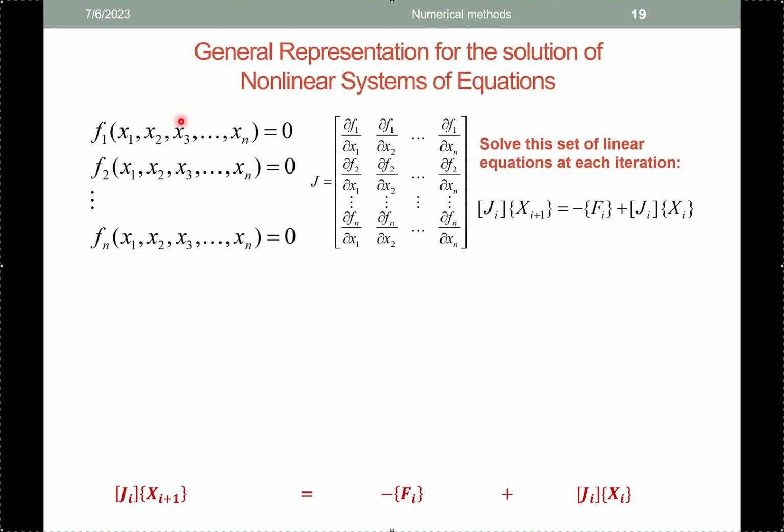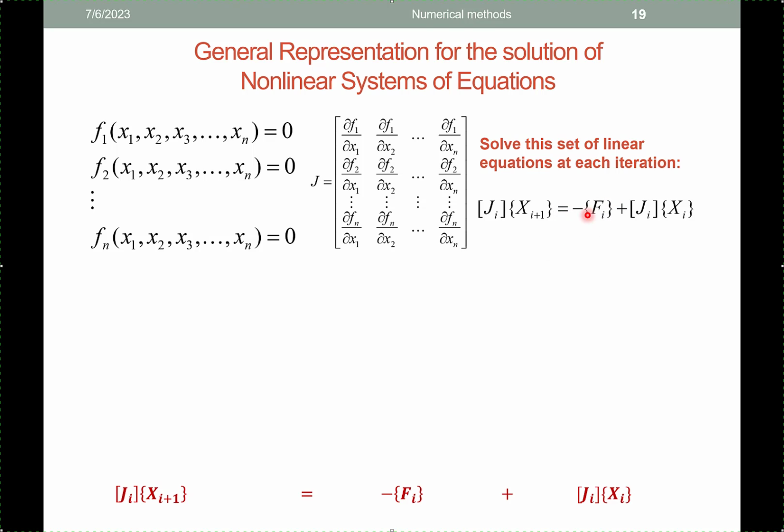Second column is the function in terms of x2, third column is in terms of x3, and the last column is in terms of xn. Second row of the Jacobi is the second function in terms of x1, then x2, then x3, and so on. Then we have a vector xi plus 1, which is a vector for each one of these variables.